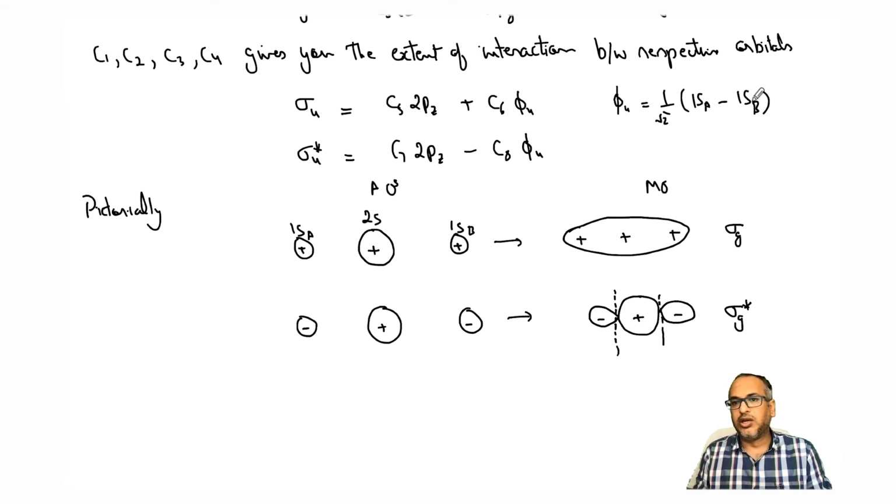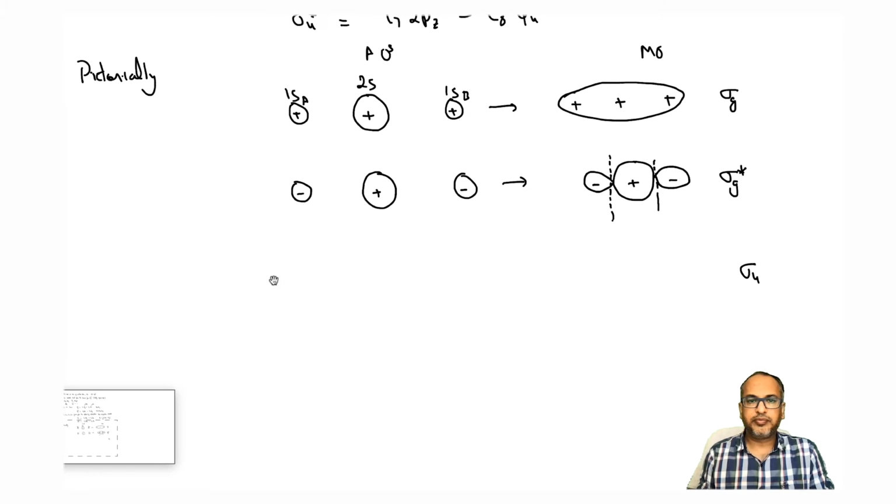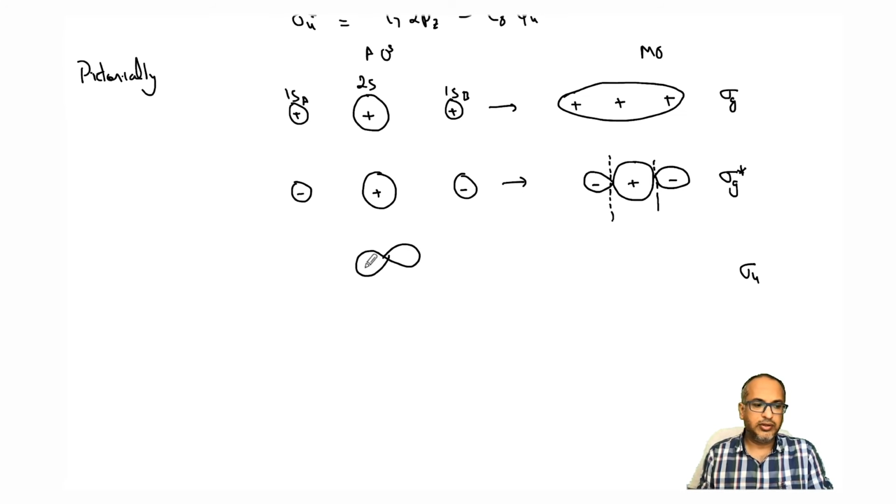So that means the two s orbitals were with opposite phase in phi u. Okay, so let's write down 2pz with positive and negative, and 1sa was positive and 1sb was negative.